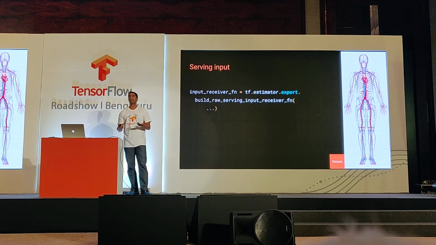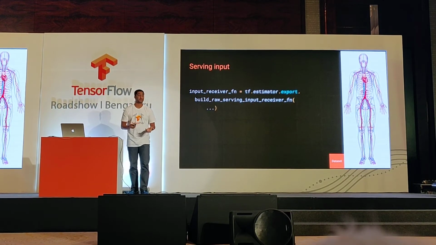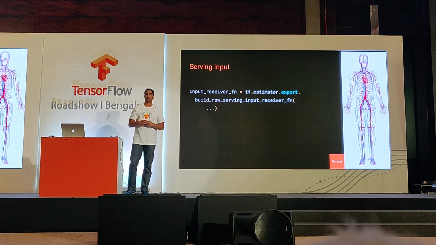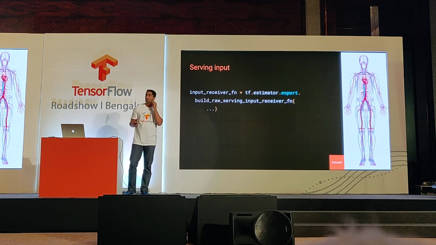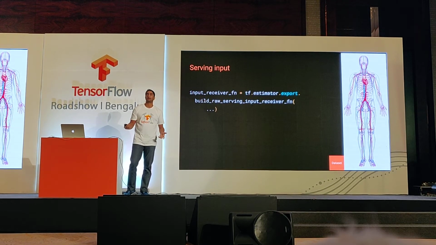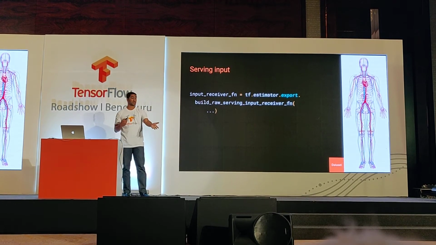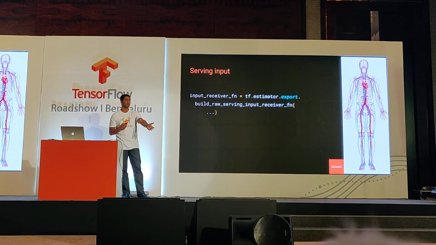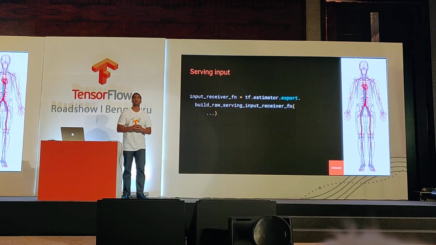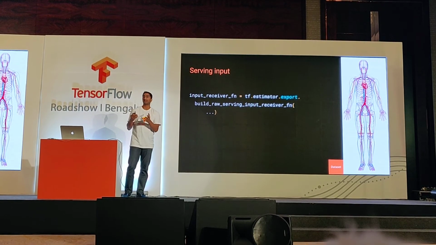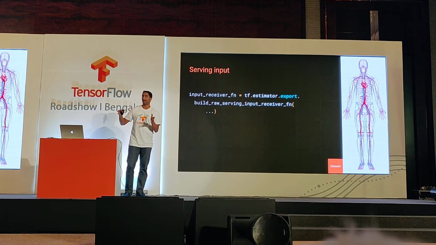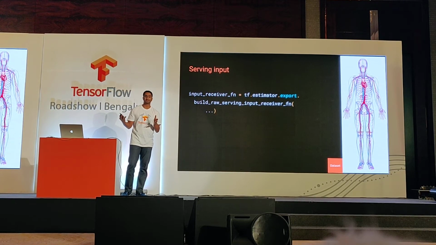And just the same way we exported Keras models, we can export estimator models and serve them as well. And you may be wondering, how do I take live incoming data and give that to the model? For that, we can use a function like this, build raw serving input receiver function. It needs to know what type of format the data is going to come in.